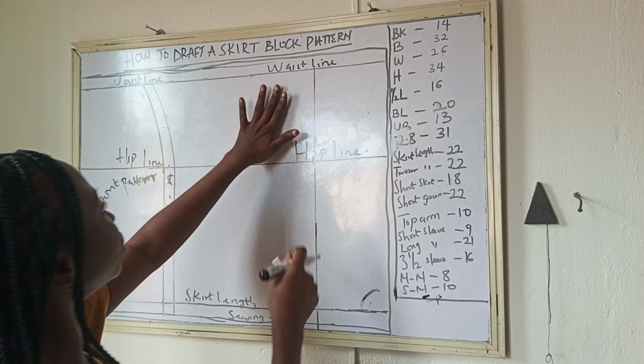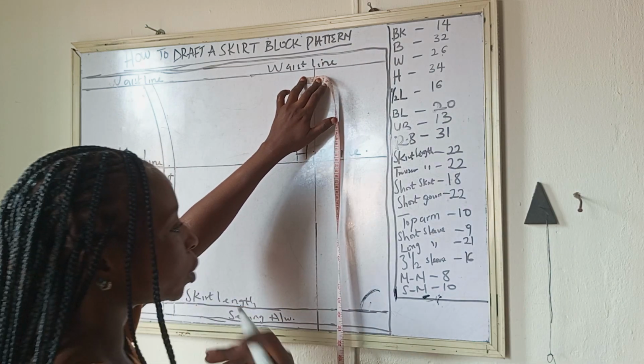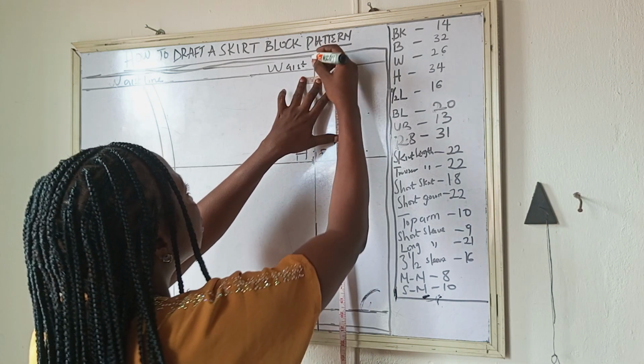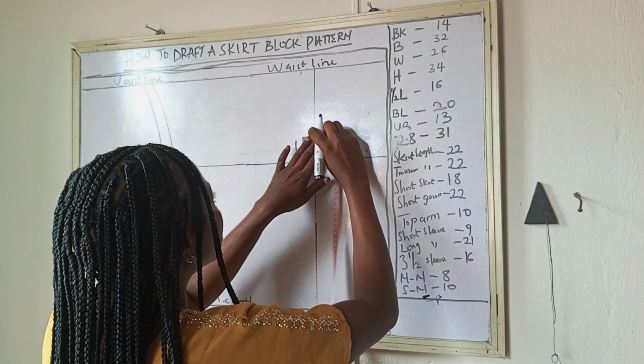From this point, I'm going to be removing my zipper allowance. That is the difference between the front and the back. I'm going to be making use of 1 inch for the zip allowance.